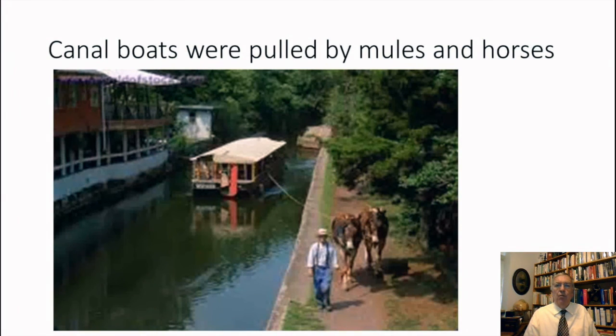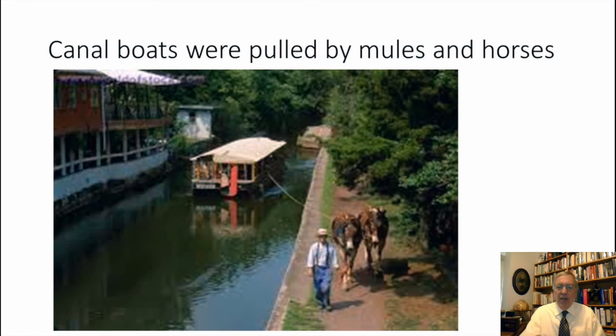Canal boats were pulled by mules. At the time, it was a wonderful improvement because it was like 10 times cheaper to ship stuff this way. If you envision that canal barge loaded with goods, and you think about how many mules or wagon loads it would take, maybe there'd be 20, 30 wagon loads. So you'd have 40 horses involved in lugging that stuff around.